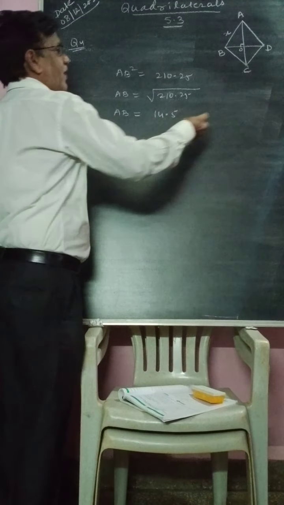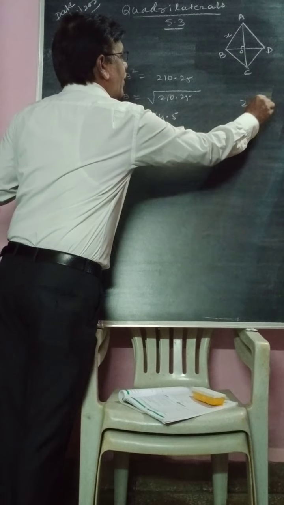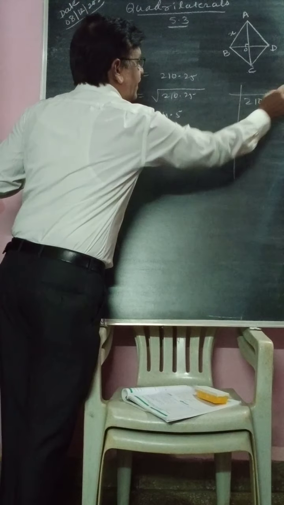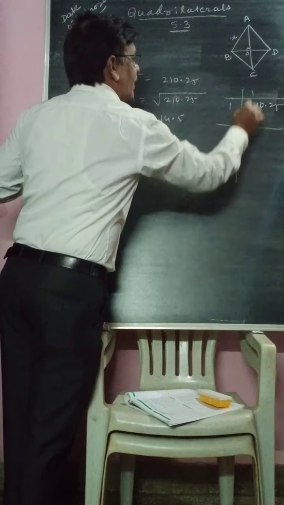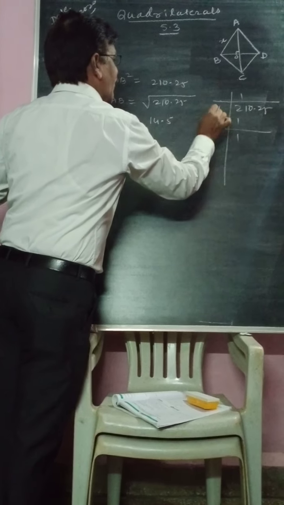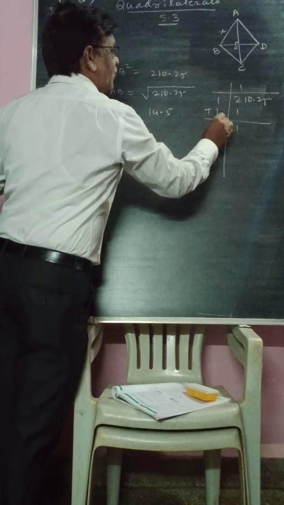Okay, you have to find out here the square root of 210.25. See here, 1 1 is 1, here 2 minus 1 is 1, plus 1 it is 2.